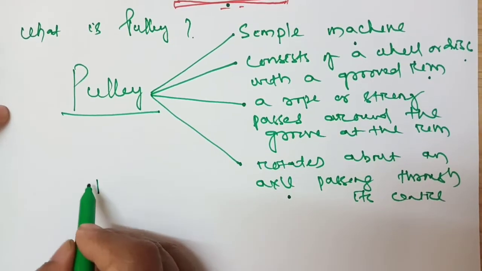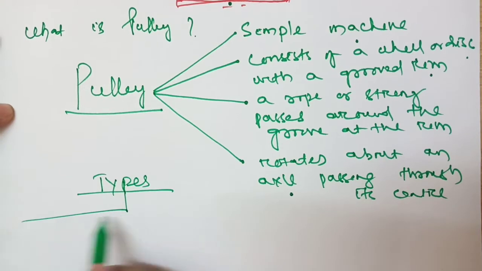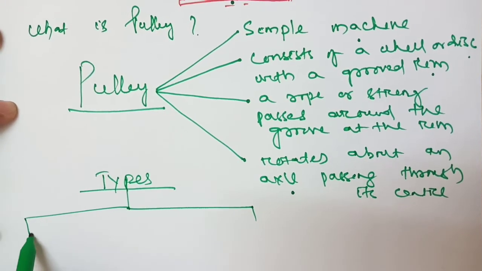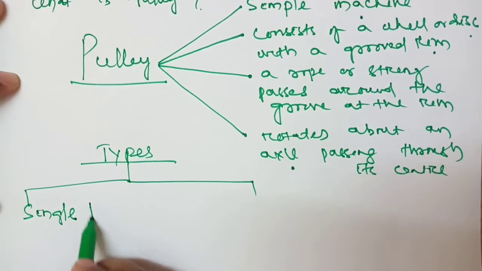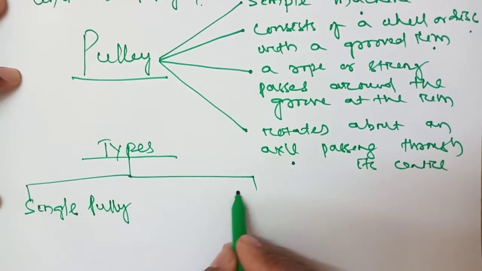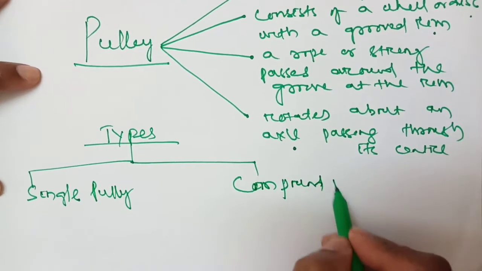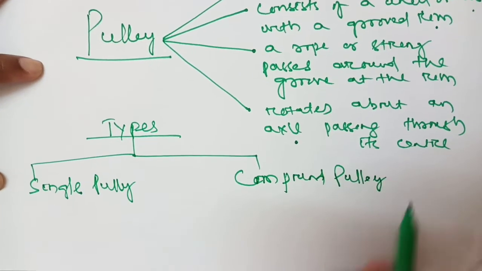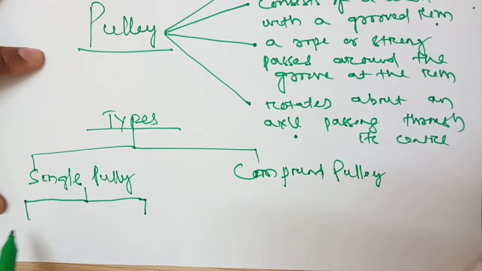So come to types of pulley. Okay, first you have to know types of pulley. Main two types. One is single pulley, another is compound pulley. Single pulley again divided into two types.